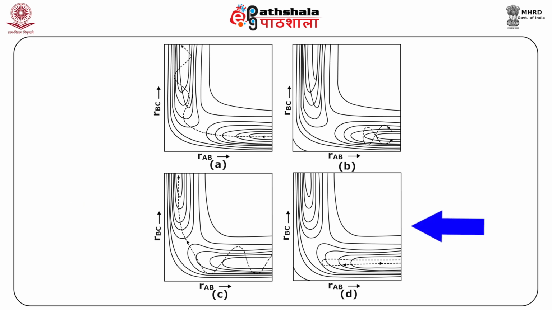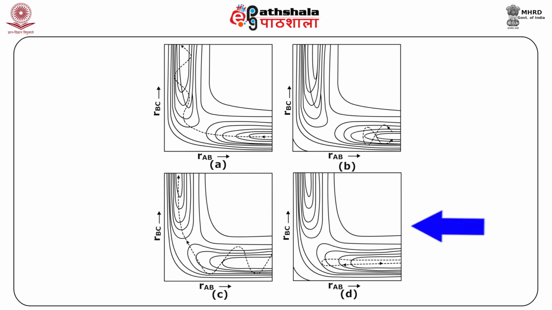Figure B indicates that a reactant may be reflected back in the reactant valley if it does not possess vibrational energy. Therefore, a late barrier favors a reactant with vibrational energy and yields a product with less vibrational energy.